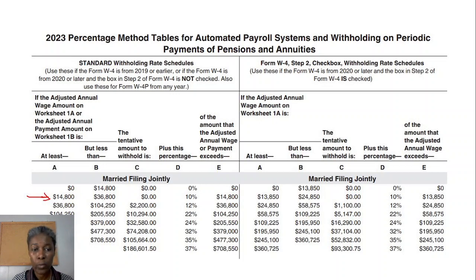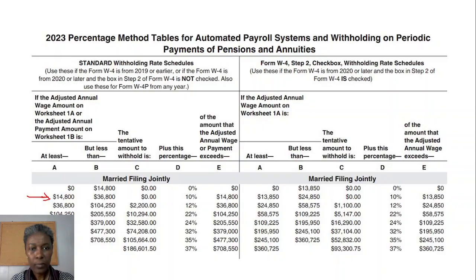Assume you are going to file married filing jointly, and you are going to pay yourself $20,000 by your S corp. As married filing jointly, at least for less than $20,000, the second row, that will be 10% that should be withheld from your $20,000. That 10% is $2,000.